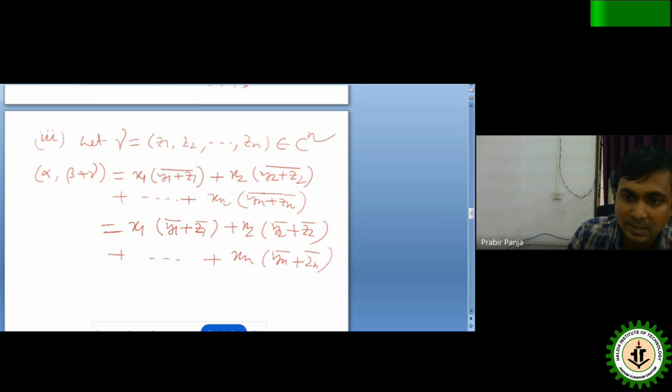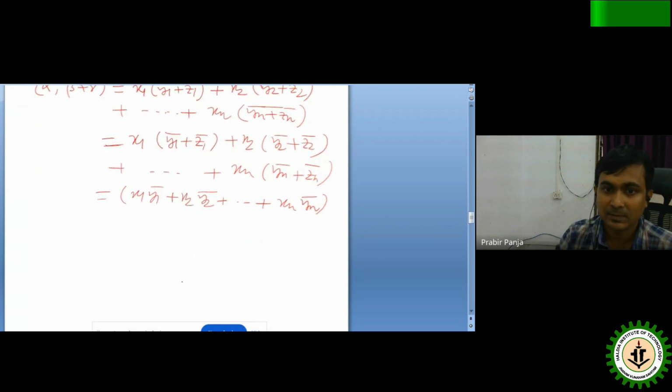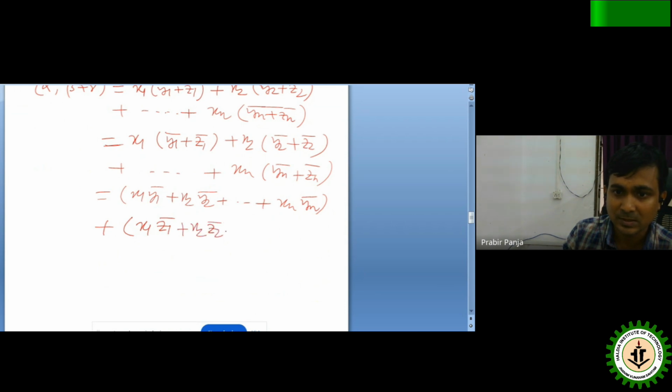Now if we arrange all the terms, this will be x1 into y1 bar plus x2 into y2 bar plus ... plus xn into yn bar, plus the second term, x1 into z1 bar plus x2 into z2 bar plus ... plus xn into zn bar.